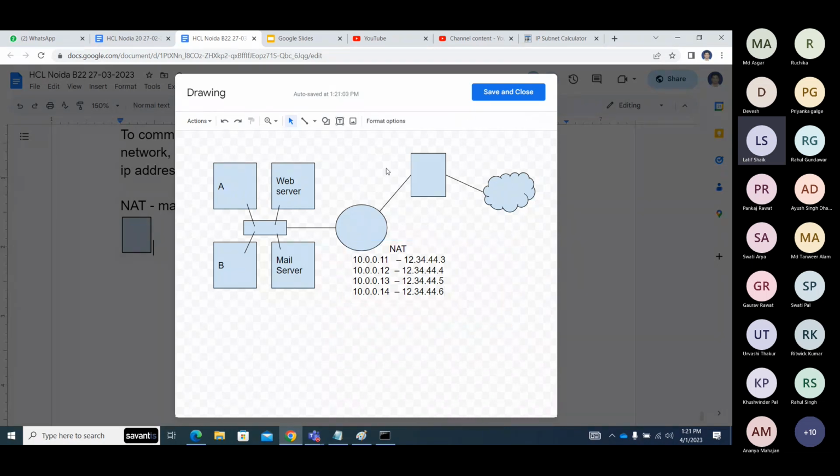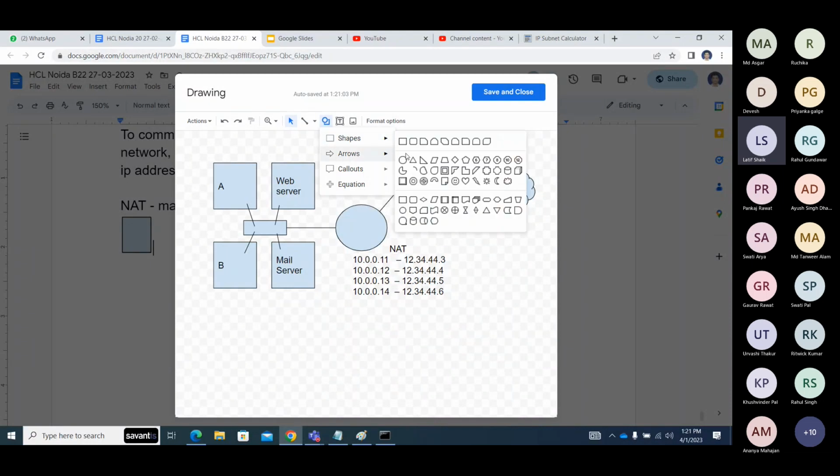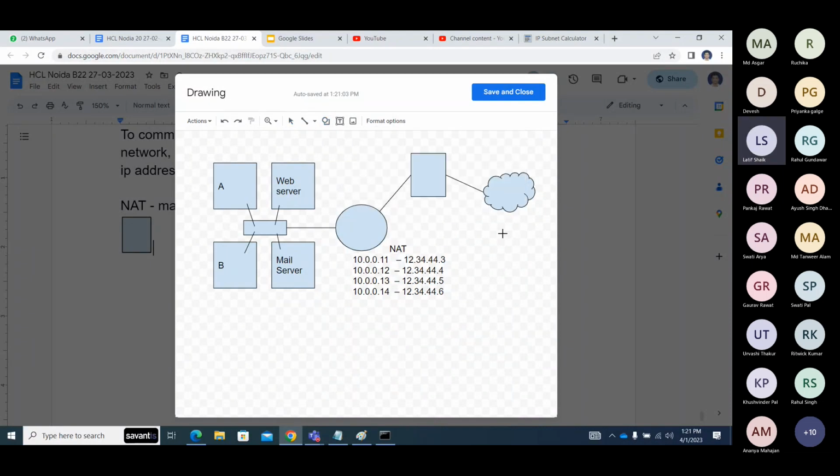For example, here is some user in the public who wants to access your web server. So what will he do? He will put an IP address like this.